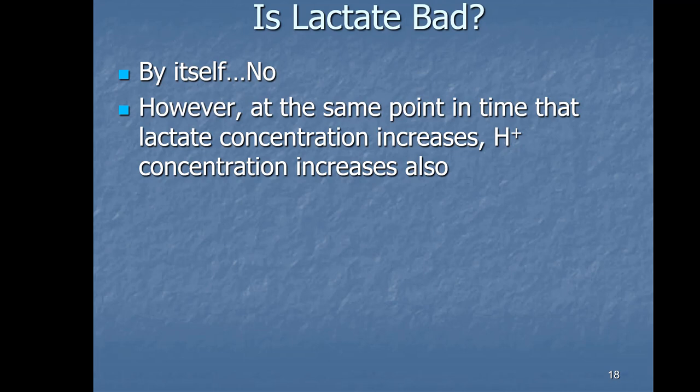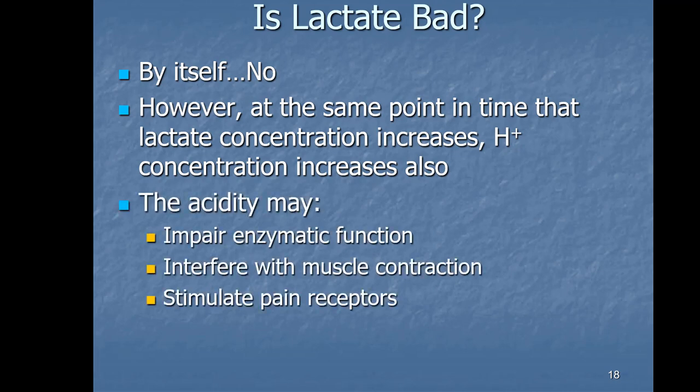But people associate that with lactate, and I think that's why it gets a bad rap. The acidity can be problematic, and so that can impair enzymes because enzymes have an optimal pH that they work at. It can interfere with muscle contractions, also stimulate pain receptors. So the hydrogen ions that are accumulating with high intensity exercise can cause problems, but lactate itself does not.